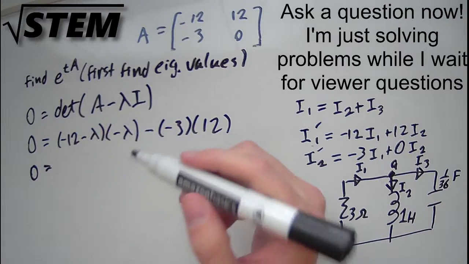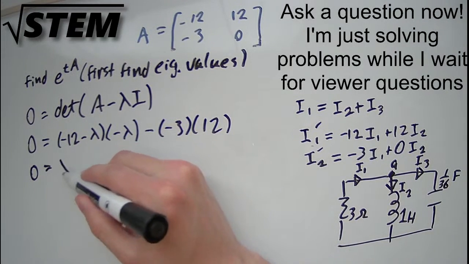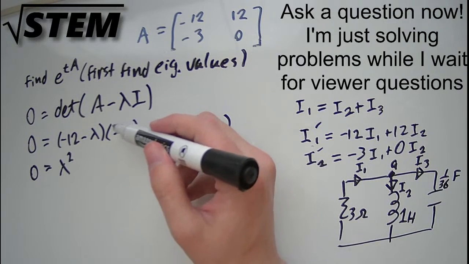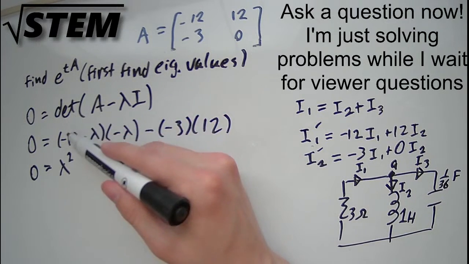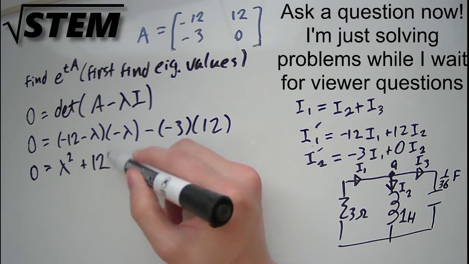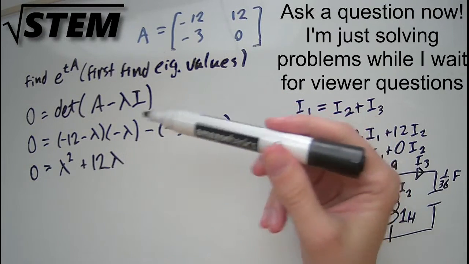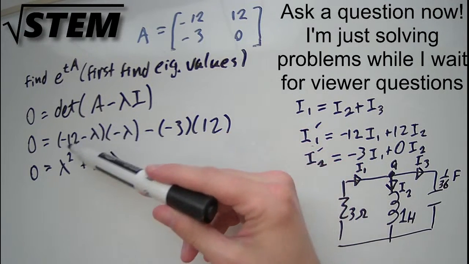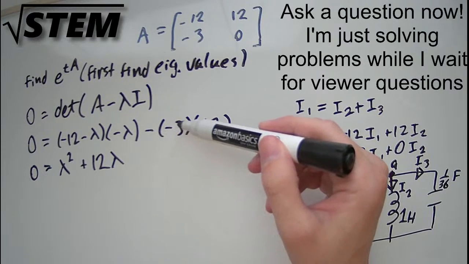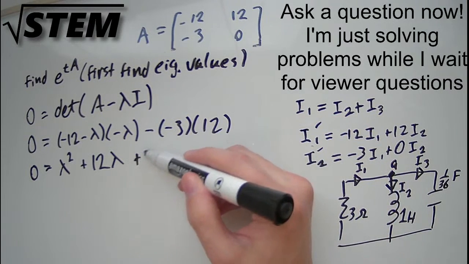So 0 being equal to, we always get our positive lambda squared, here we'll get a positive 12 lambda. That's it for this piece. Then we'll have a positive 3 times 12, which is 36.